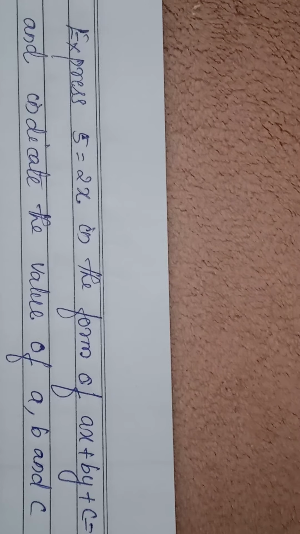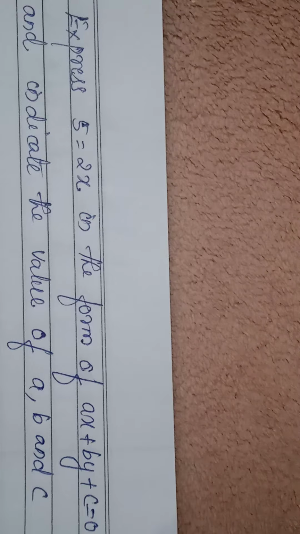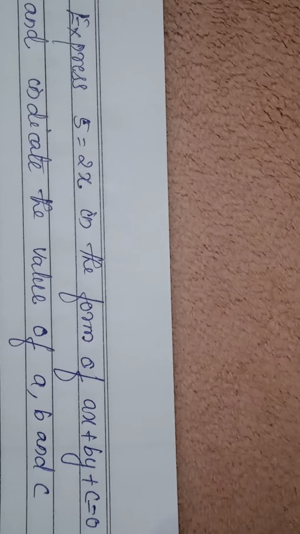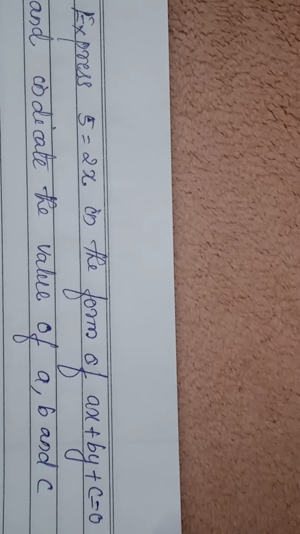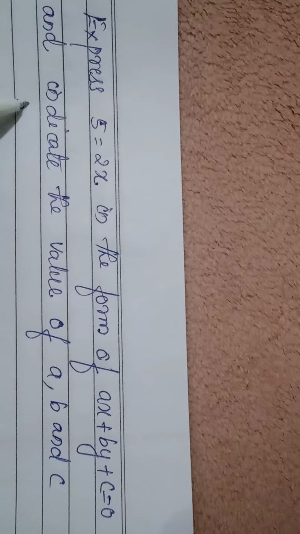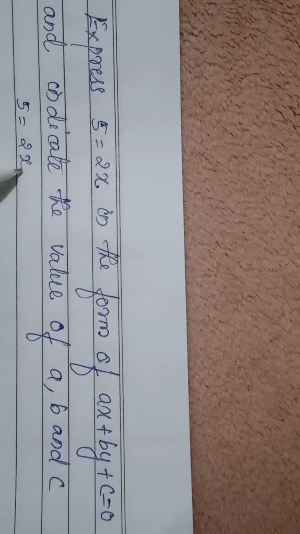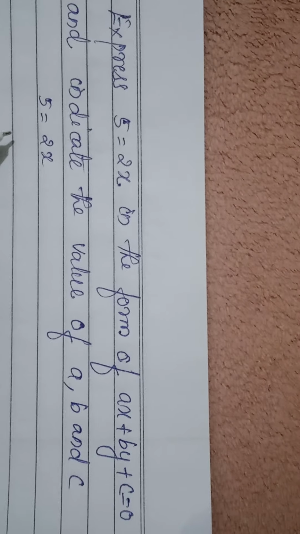The next question, the third one: write x plus 5 is equal to 2x in the form of ax plus by plus c equals 0 and indicate the values of a, b and c. First we should write it in the form of ax plus by plus c equals 0. The given equation is x plus 5 equals 2x. Here the x variable is there and a constant also is there. So y is not here.